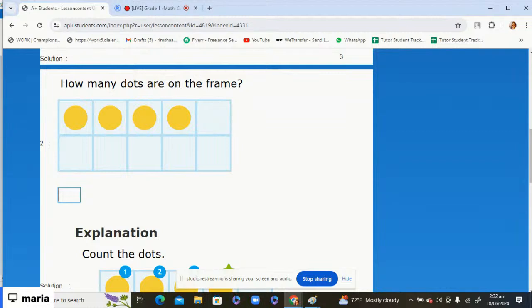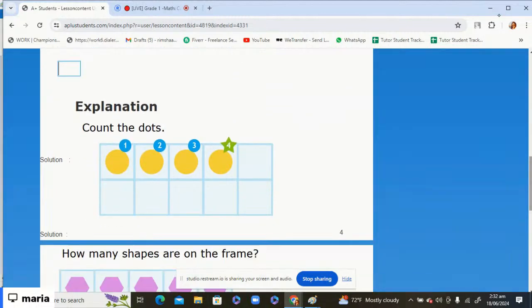So how many total dots are there? It's one, two, three, and four. Okay. So how many total? These are four. So here we click four.